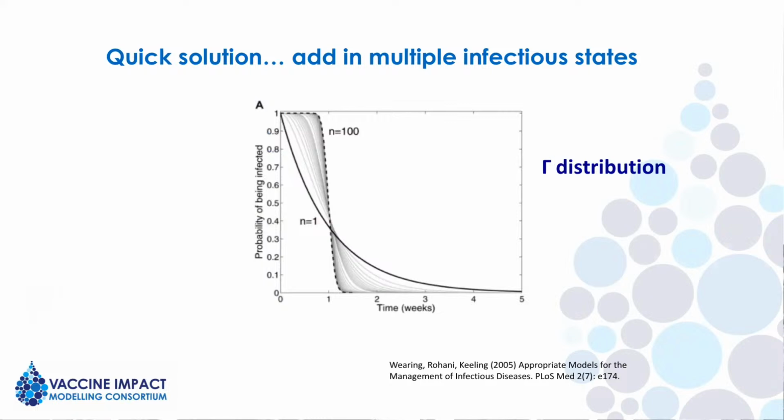Well, as we add more and more compartments like this to the model, it gets closer and closer to approximating this dotted line here. So this is the gamma distribution. Again, we're forcing the model to keep people infected for a certain duration, and then they can recover exponentially from that. If we add enough compartments, this gets closer and closer to a gamma distribution. Again, you need to decide for your question whether this is worth doing, whether it's going to add benefit to your model.